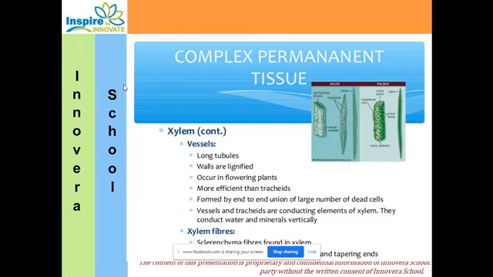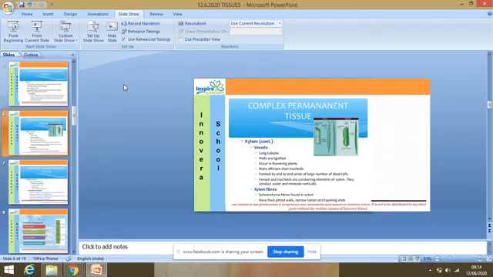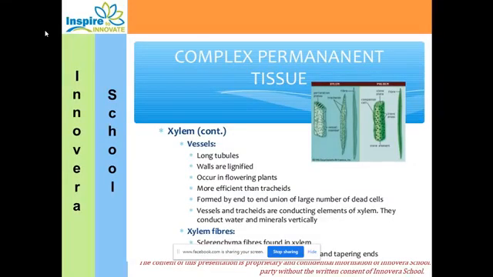They will have thick pitted walls and a narrow lumen at the tapering ends. Due to this, as yesterday I told you, fibers will provide support and strength to the plant. So xylem fibers are going to provide strength to the plant, mostly at the tapering ends. Tapering ends can be your roots, in case of xylem.